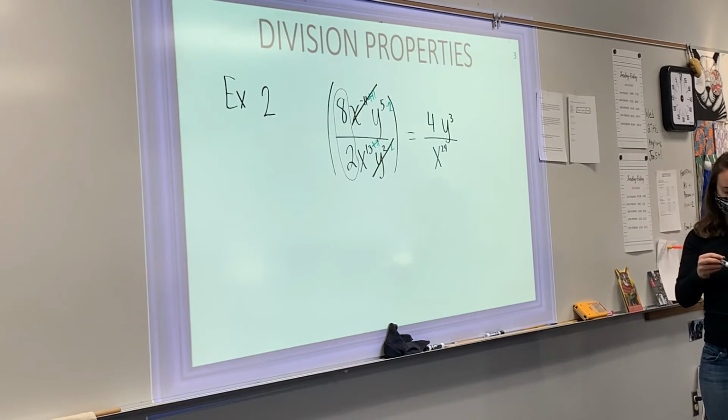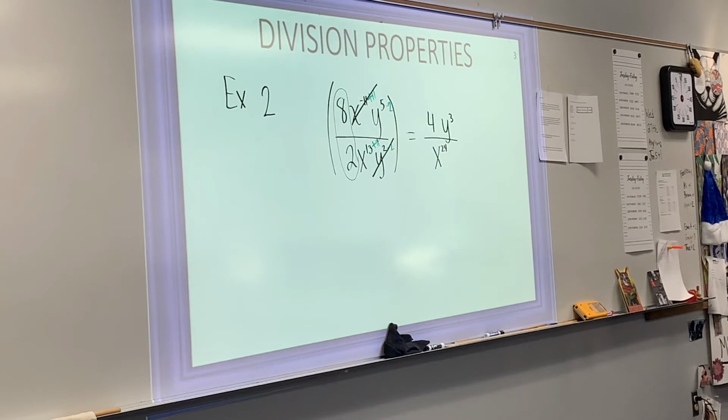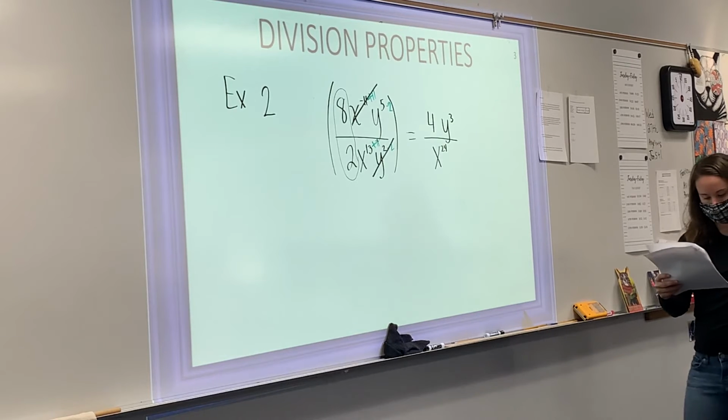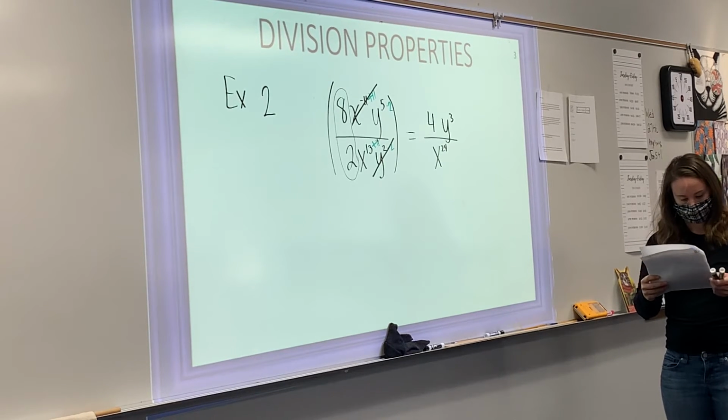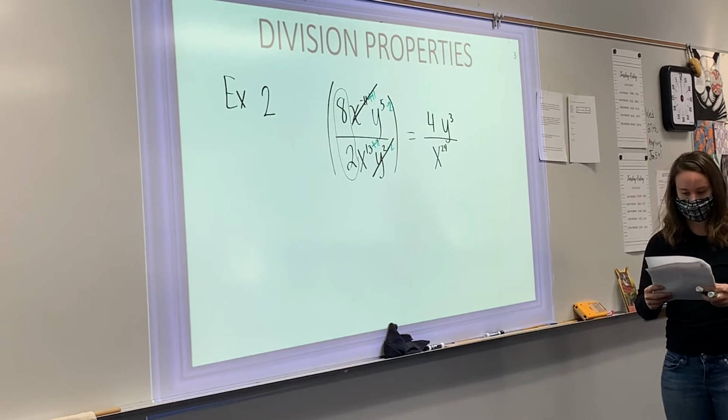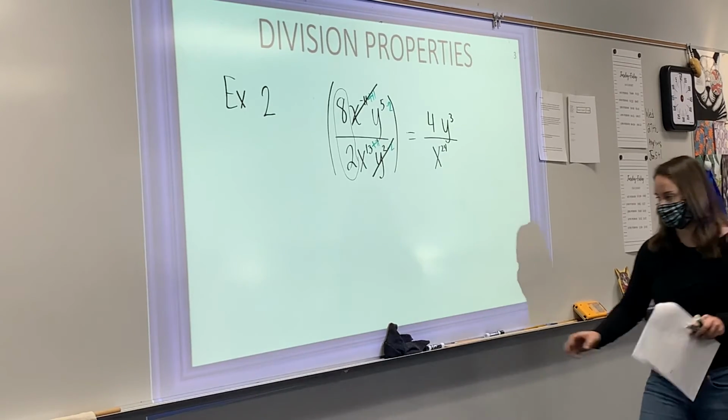All right, one more and then I'm gonna let you try it on your own. In fact, I'm thinking let's go ahead as a group and do number 35. Everyone go to page 3, we're gonna do 35.